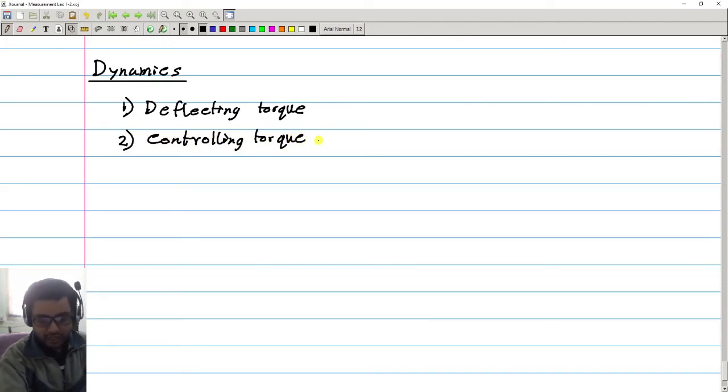Now, if these are the only two torques acting on the coil or the pointer, then we will be in trouble, because what happens? Let us consider any one type of instrument, maybe PMMC.